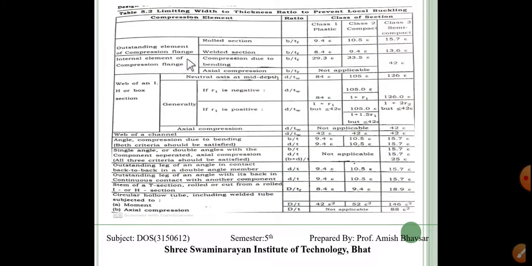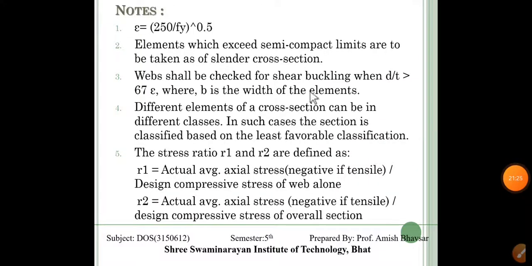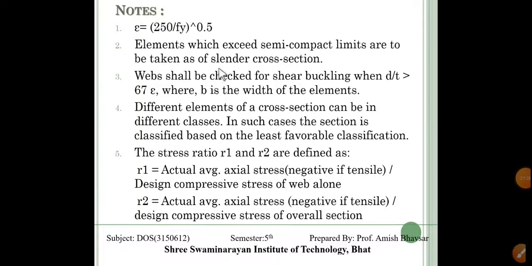And this is the table we are going to use. This table gives us the limiting values for class 1 plastic, compact, and semi-compact, and how we will use that we will clearly identify in our examples. Now here they have given us the notes.